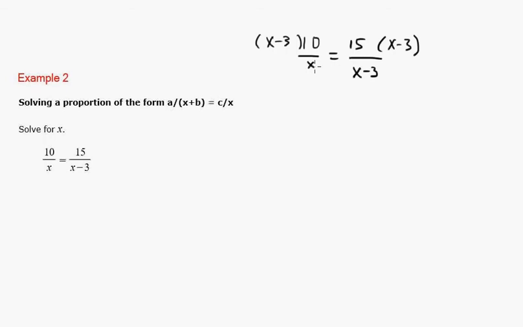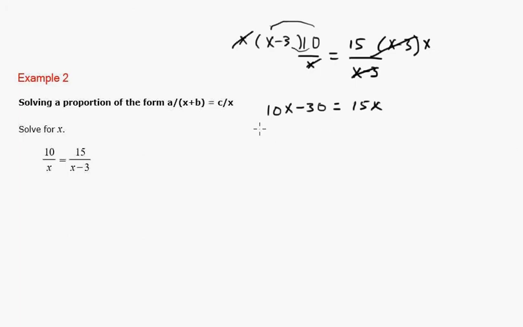But now I want to get rid of this x, so I'm also going to multiply by x on both sides. Okay? So the x's go away, and I get 10 times x, 10x minus 10 times negative 3, so 30, equals, and then this goes away, and I get 15x.